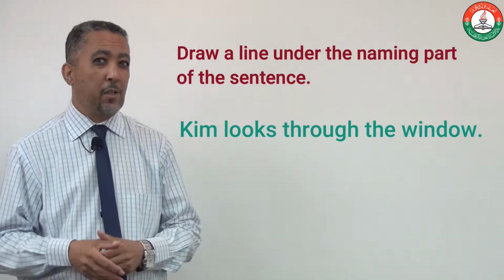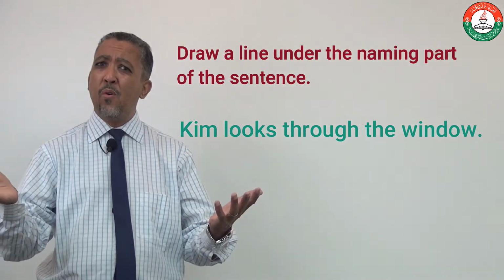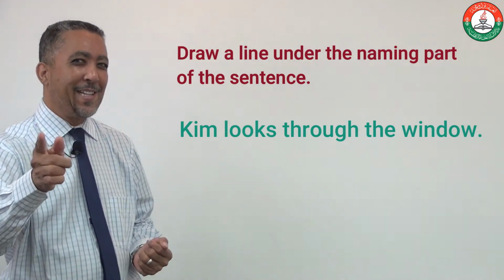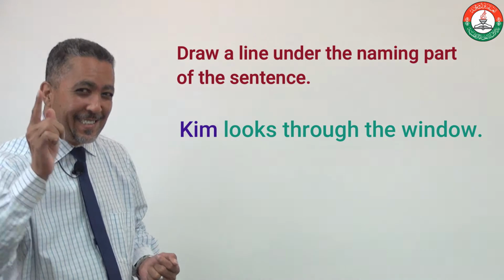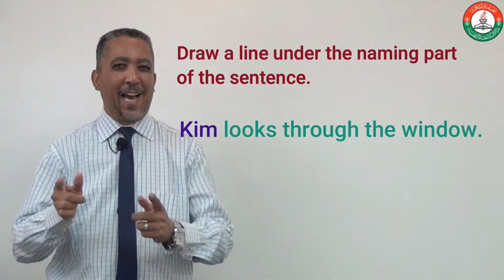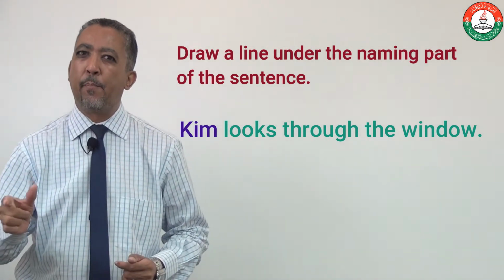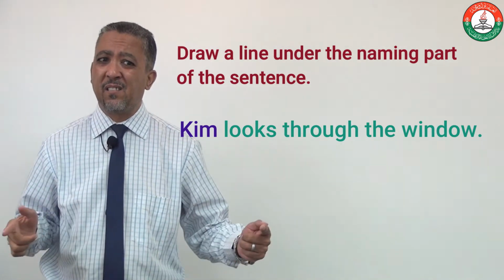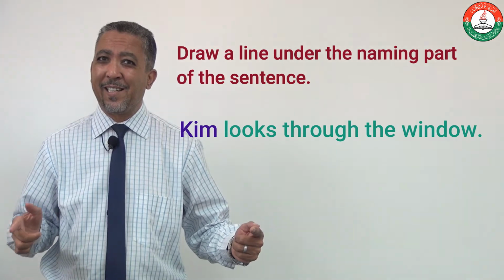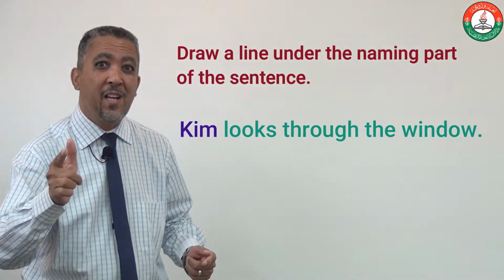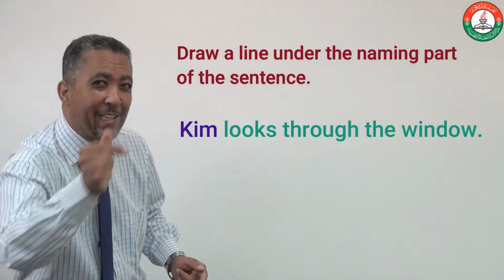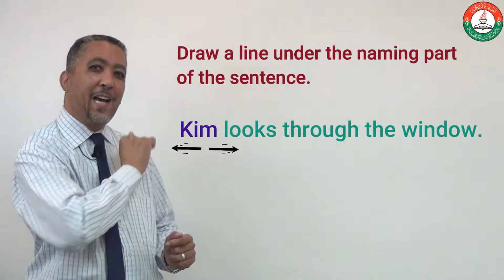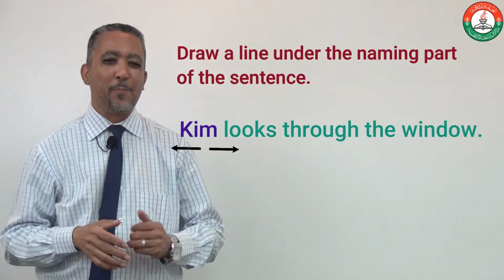So I will ask the question, who looks through the window? And what is your answer? Yeah, you're correct. The answer is Kim. So what is Kim in the sentence? Kim is the subject. Good job, the subject. So you can underline the word Kim.